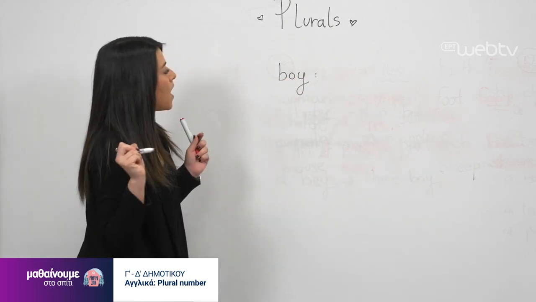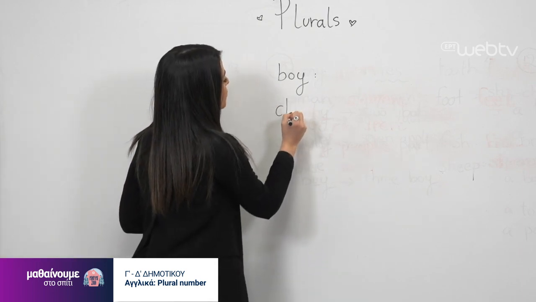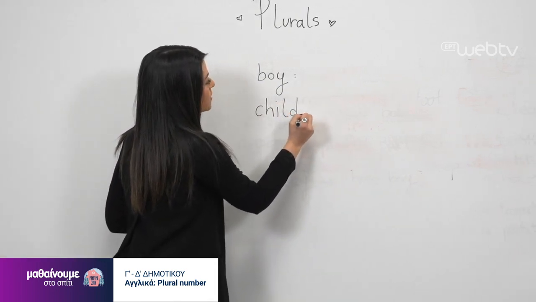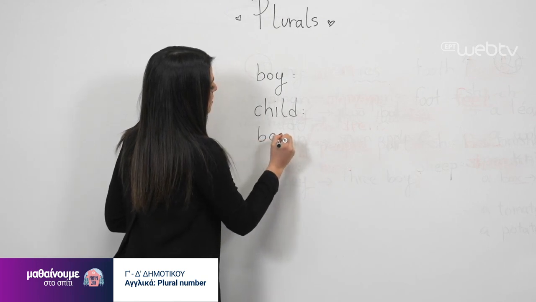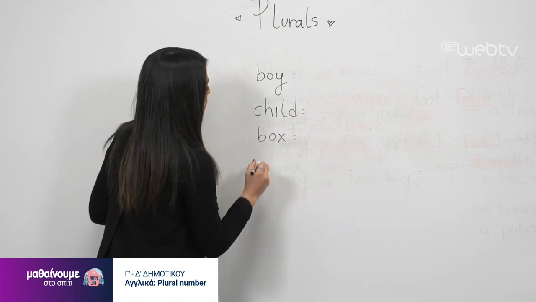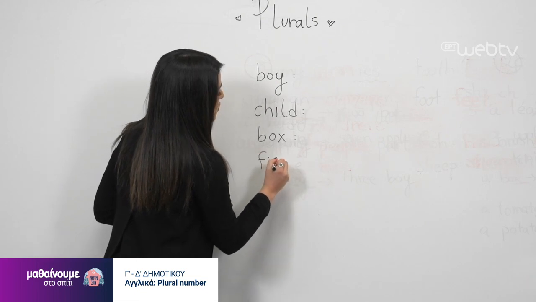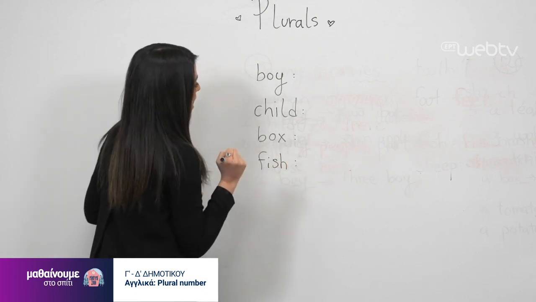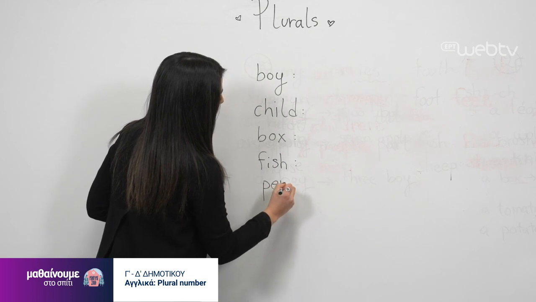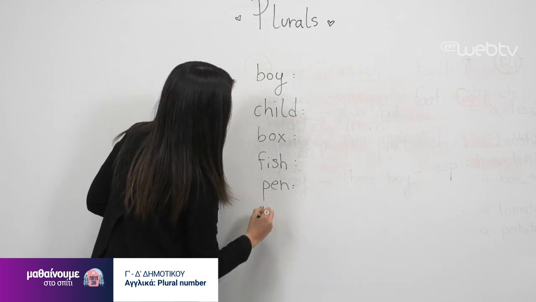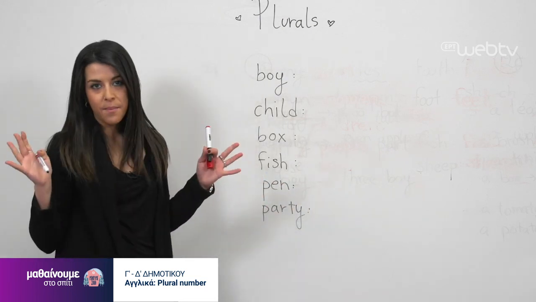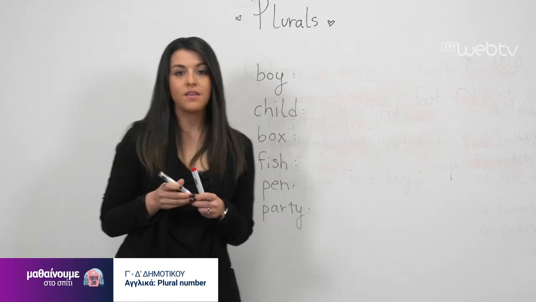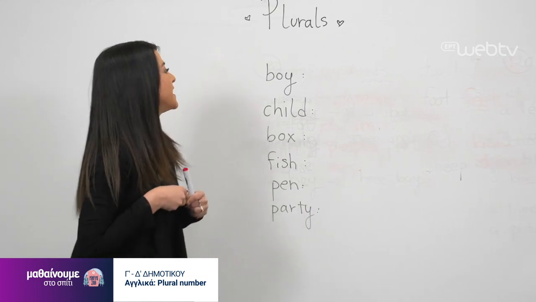Then I'll write some of them here so you have time to think. Child. Let's do box. Or fish. So I'm mixing everything. Pen. And party. Okay? Some examples.